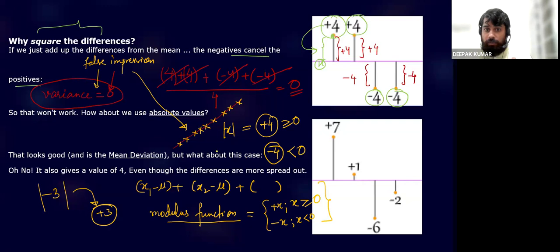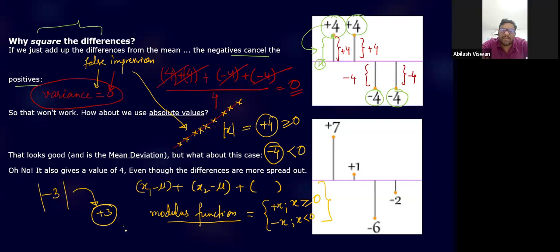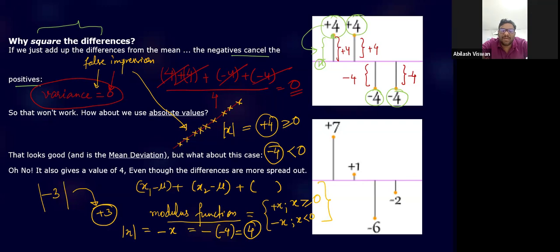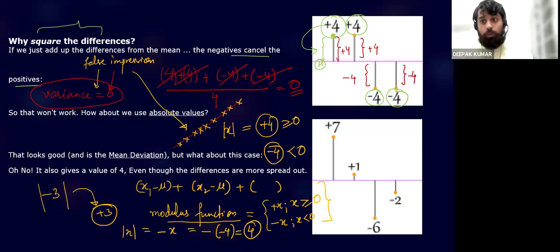So now mod x will be treated as -x. And what is the value of x now? -4. So minus of -4 will be converted into +4. Hence the modulus function has the ability to change any negative value to a positive value.